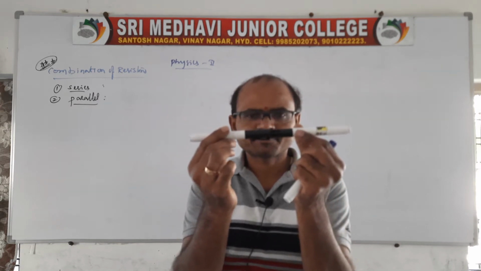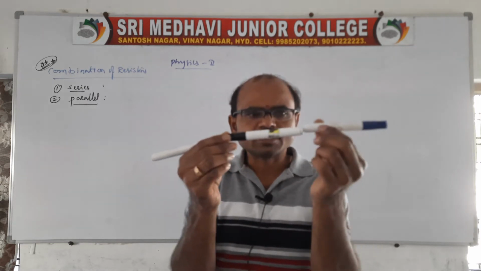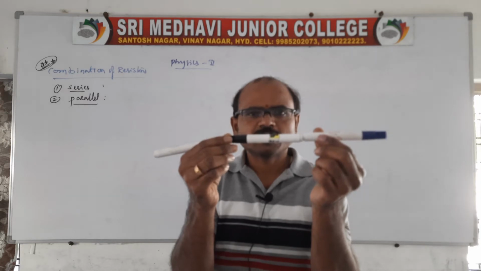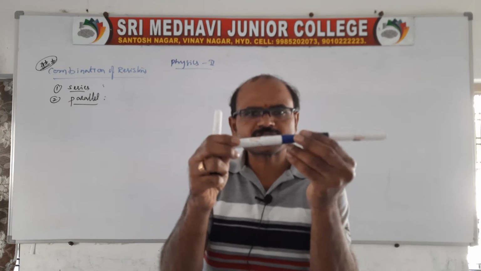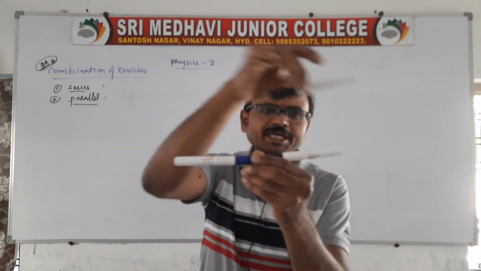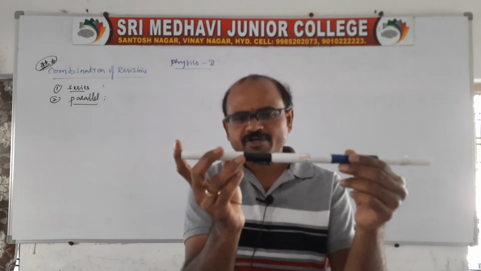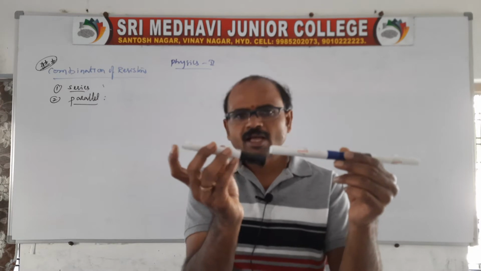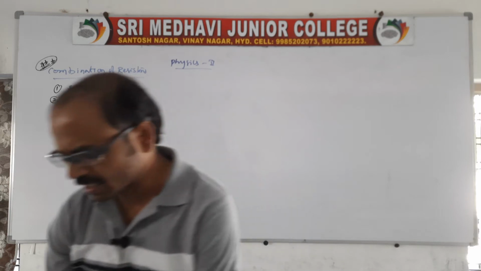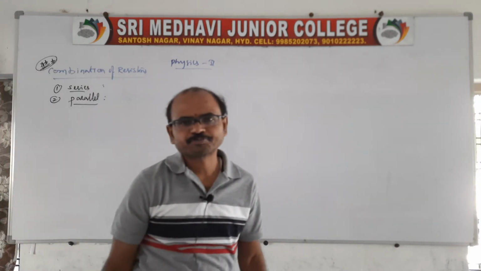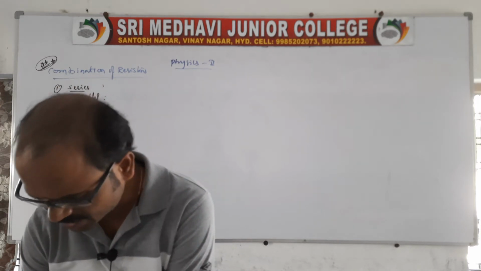The second resistor's second terminal is connected to the third resistor's first terminal, and so on. The first resistor's first terminal and the last resistor's second terminal are connected to the opposite terminals of a battery of EMF E.